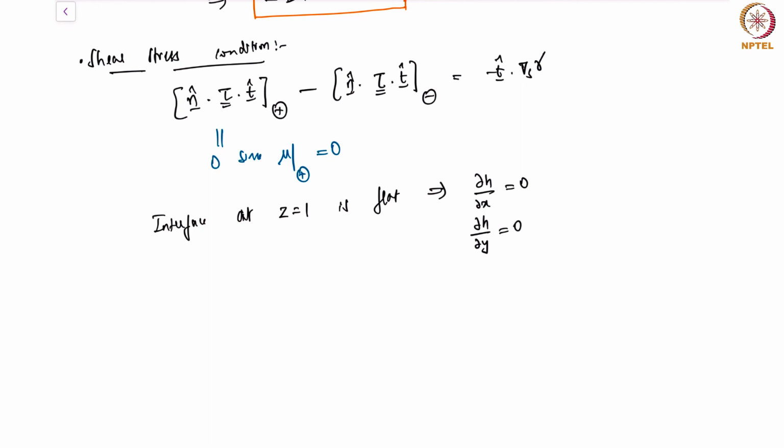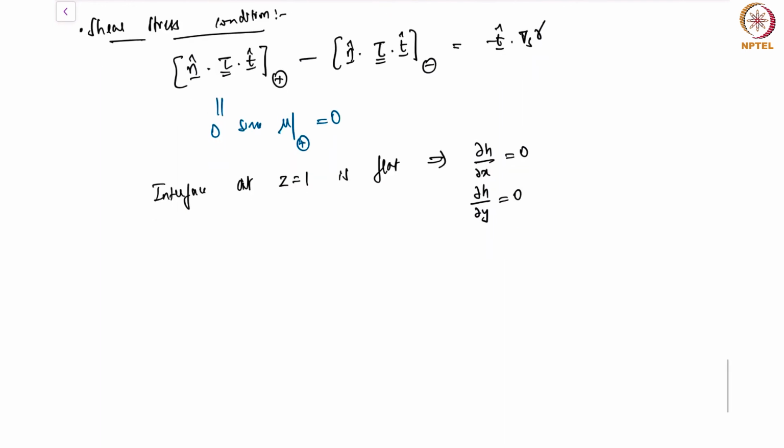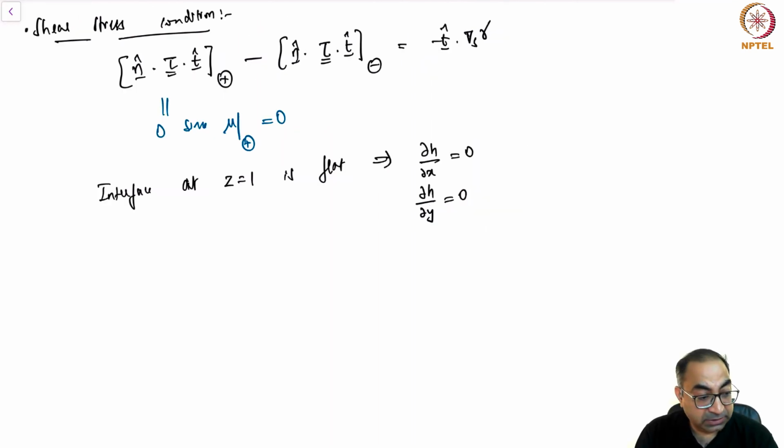Okay, and what we want to now do is to evaluate this term n dot tau dot t for this problem, and I would like all of you to try and evaluate this expression for a flat interface. But now remember, it's in 3 dimensions.